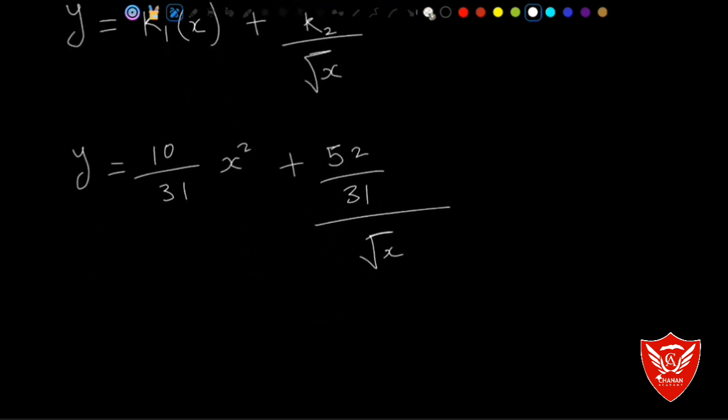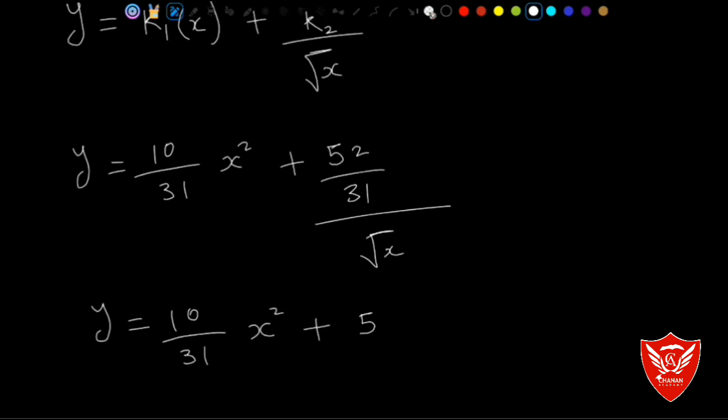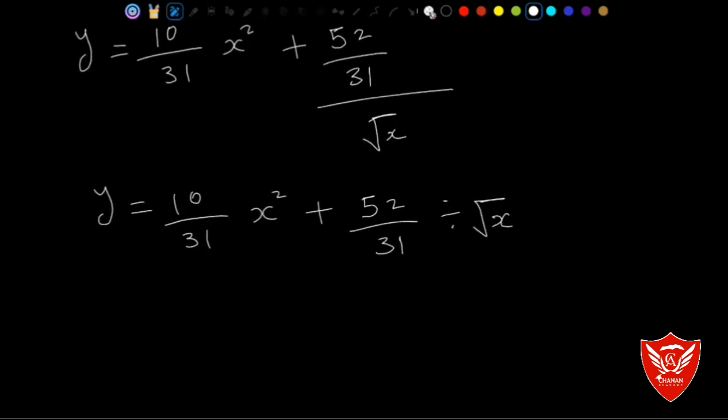Now, this can also be given as y equals 10 over 31 x squared plus 52 over 31 divided by the root of x.